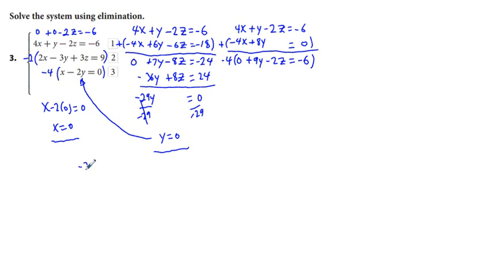So negative 2z is equal to negative 6. And if we divide by negative 2, z is equal to 3. And so our ordered triple, or coordinate triple, is going to be 0, 0, 3.